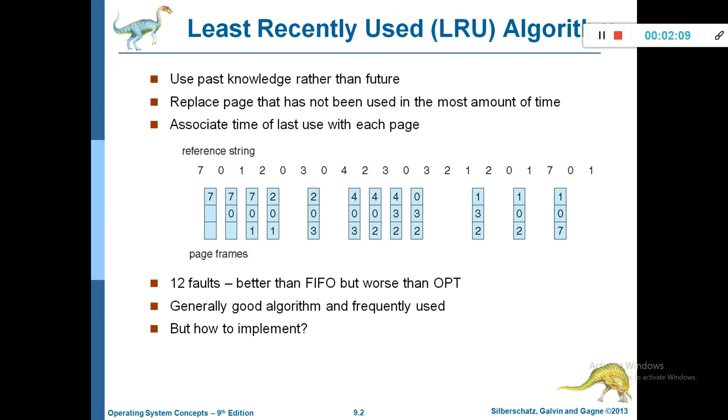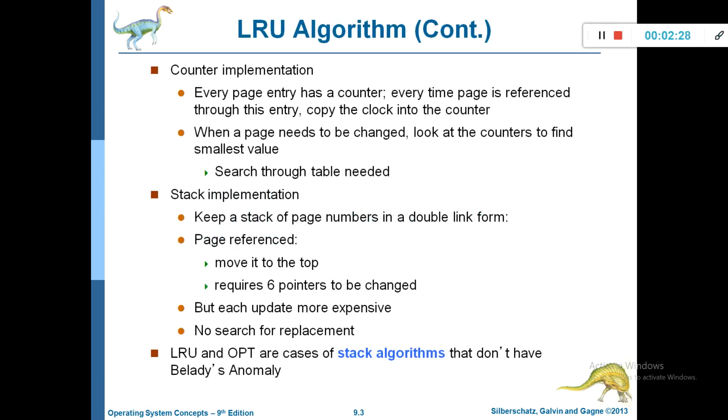Now after knowing about the LRU page replacement algorithm, the question is how to implement it. Which page is going to be replaced, and how do we identify which page has not been used for the longest time? That is what we are going to discuss here.